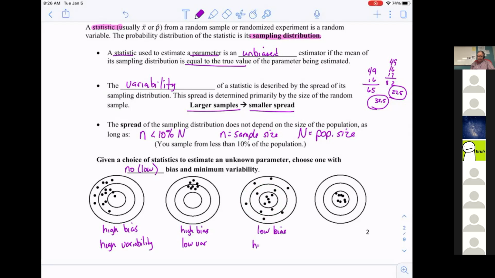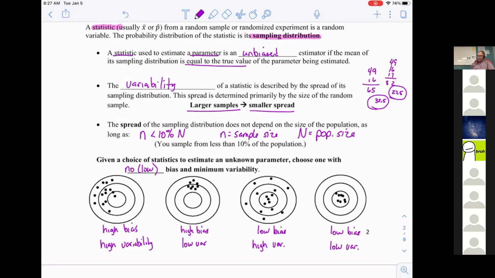But it has high variability because it's kind of all over the place. And that's my last example because, again, we are focused in on one area. This is going to have low variability. And because it is all on the center, this is going to be low bias.